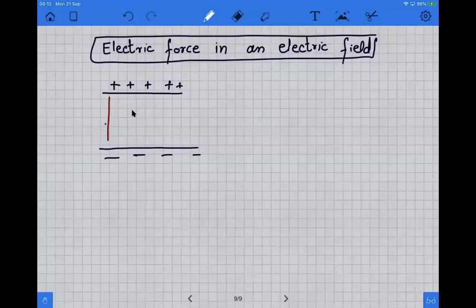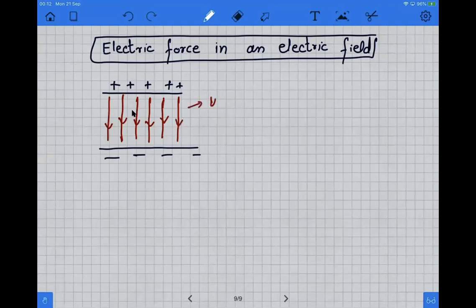You'll get uniformly spaced lines which represent a uniform electric field. And electric field lines are always directed from positive towards negative.